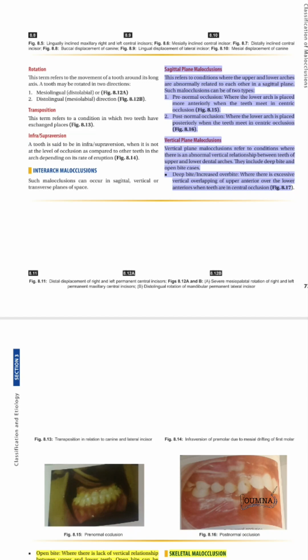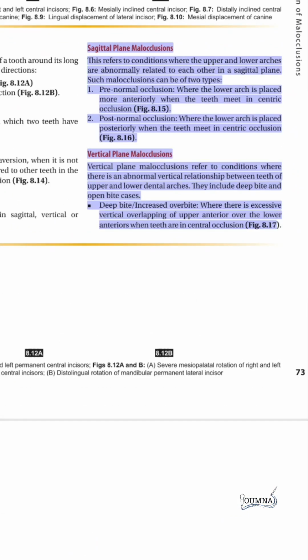For example, for the sagittal plane, we can describe the movement of the jaw forward or backward, which means that it studies the molar relationship that we spoke about previously, and if there was any deviation from Andrews' first key of occlusion, we can say that there is a malocclusion in the sagittal plane. And then we will see later how we can classify it, whether it is class 1, 2 or 3.